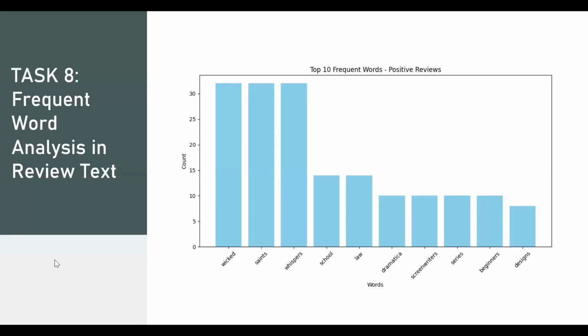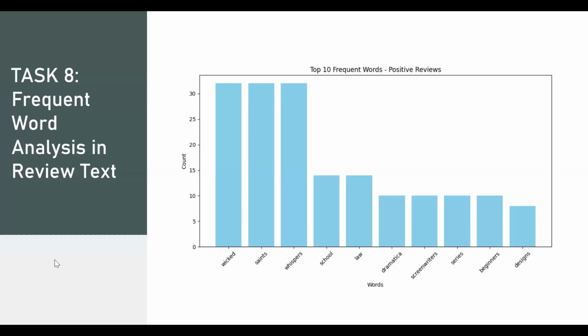The prominence of these terms indicates that positive reviews are often focused on storytelling, character development, and instructional value. Such insights can help authors, publishers, and marketers understand the aspects of books that resonate most strongly with satisfied readers.